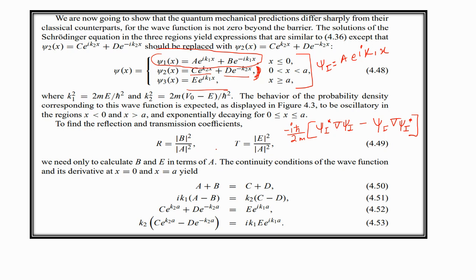When you solve it, you will get S naught equals k1 h cross upon m, A square.